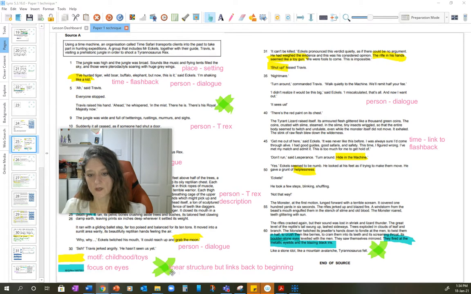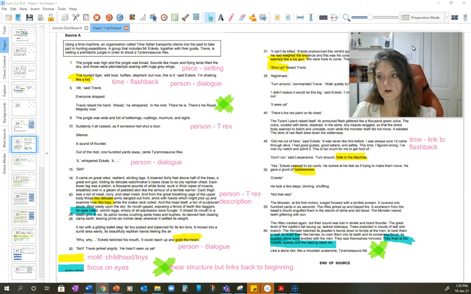And what you can see there is, although we've got a linear structure, going in the correct time order, we have almost like a circular link and a contrast between the beginning when they introduce the creature and the end where we say goodbye to it. Now, I did find some third bullet point stuff, anything else that interests you as well.